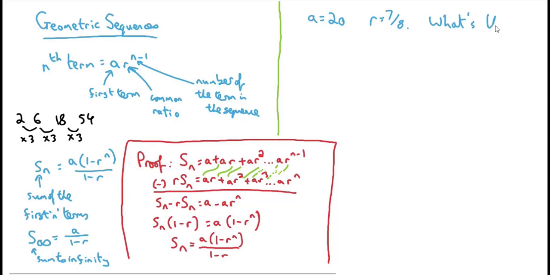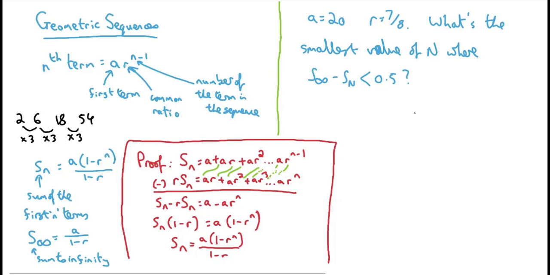What's the smallest value of n for which the sum to infinity minus the sum of those n terms is less than 0.5? Consider what information you have and what formulas you may need. Pause the video, have a go for yourself, and then press play again when you're ready to compare.